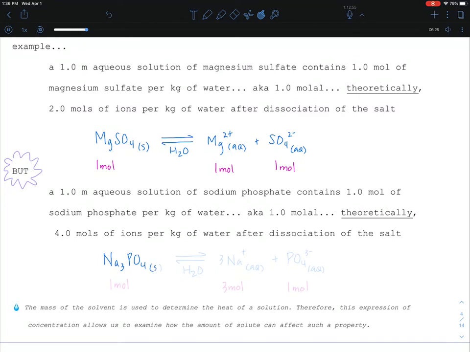And this will be our solid. And again, we're going to put this into a kilogram of water. So 1 mole of sodium phosphate, and what I get on the other side, 3 moles of sodium ions and 1 mole of the phosphate.